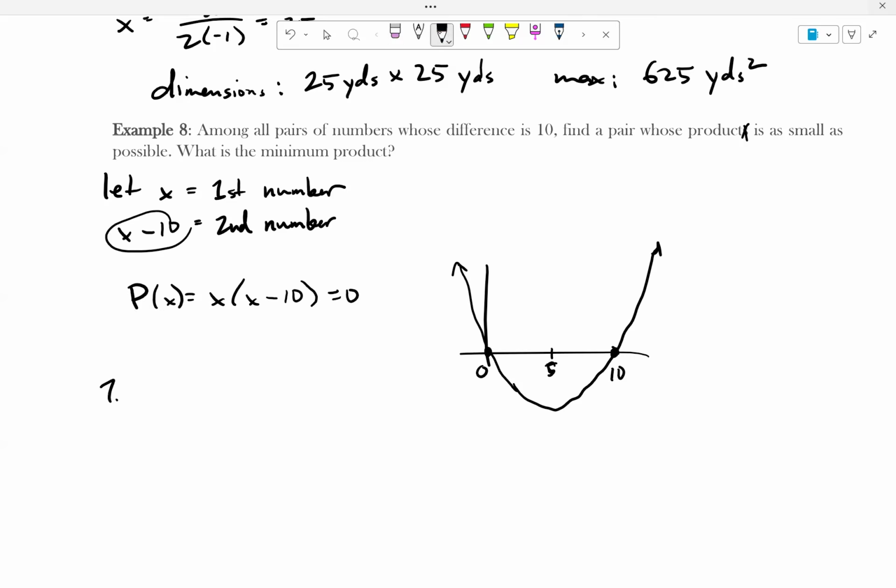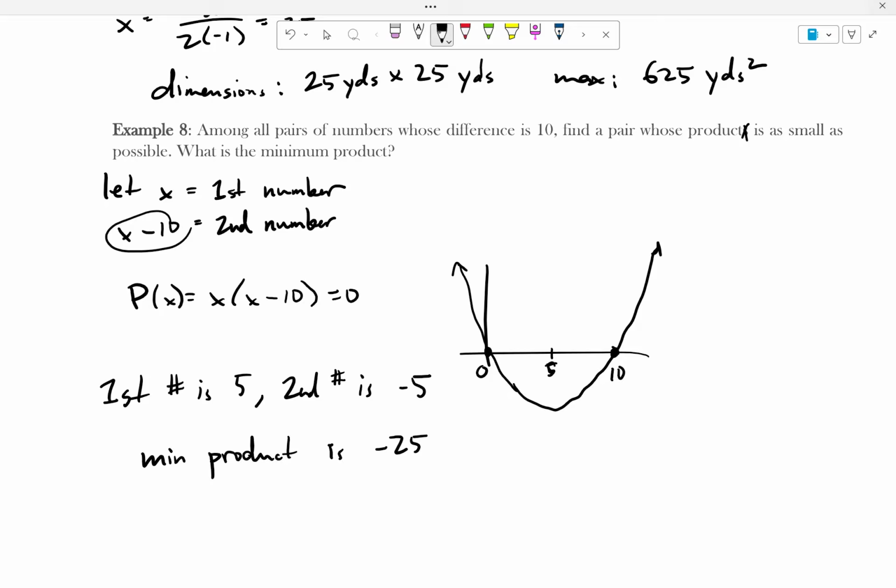So the first number is 5, the second number is negative 5. There's a pair of numbers. And what's the minimum product? It is negative 25.